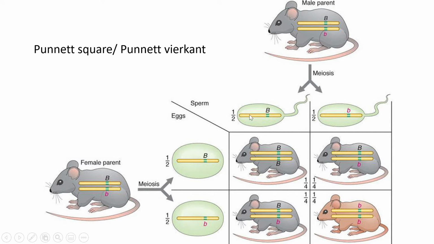So then, if you have your Punnett, you have your capital B, small b over there. And now you just fuse them together because what's happening inside the Punnett is fertilization. So this entire Punnett, or this square, represents fertilization. So when this sperm cell meets this egg cell, you have an individual that has capital B and capital B alleles.